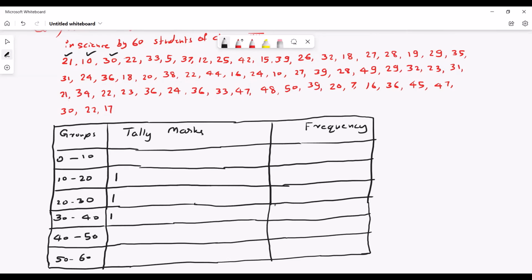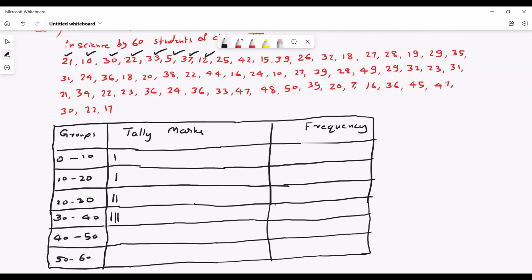It will come in the higher group only, fourth group only. Then next one is 22. 22 is obvious, it will come here only. And next is 33, and that will come here. And next one is 5. So 5 will come in between 0 to 10 only. Next is 37. 37 will come here only.